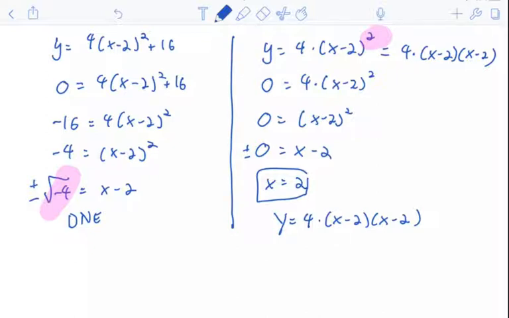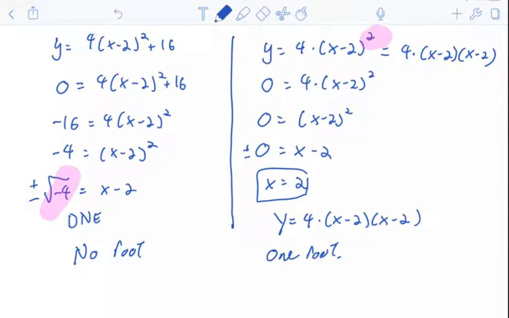So this is no root. What happens if there's no root? And this is what happens if there's one root. If there's one root, you're already there. If there's no roots, well, you'll find out soon enough. Okay? It should be very similar to completing the square.